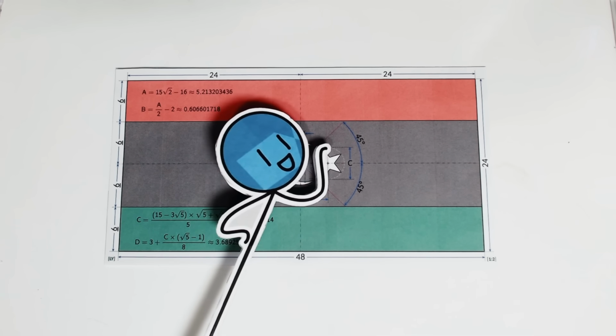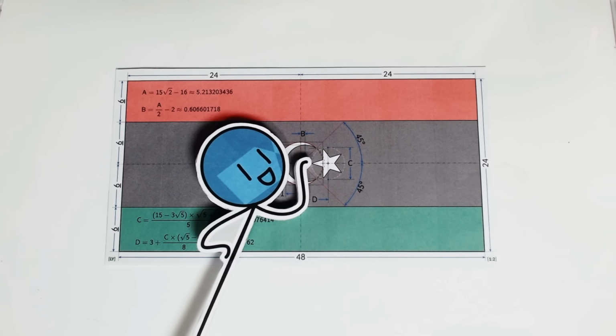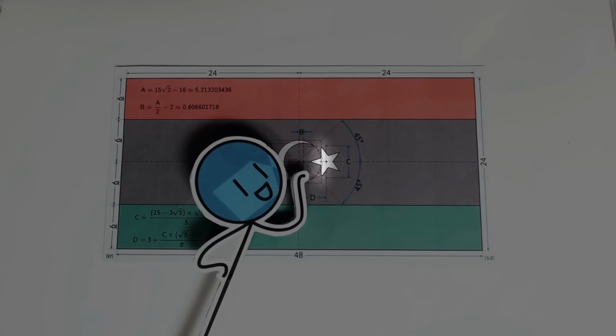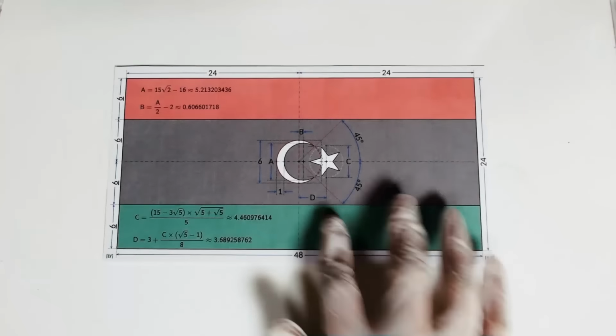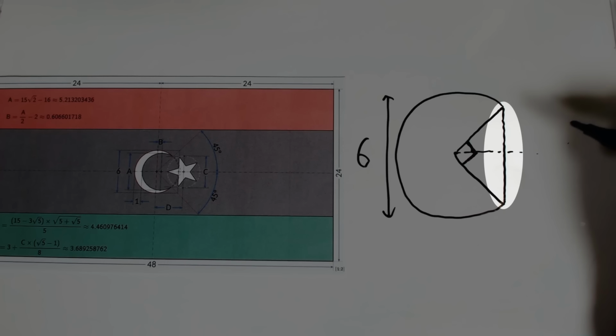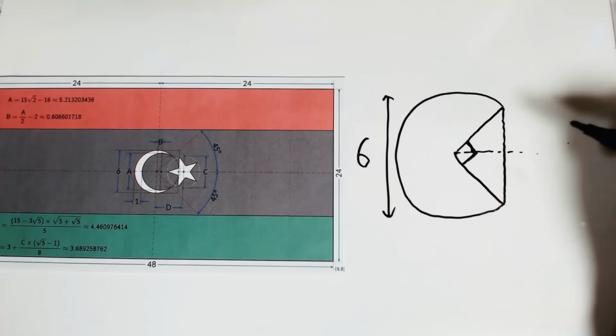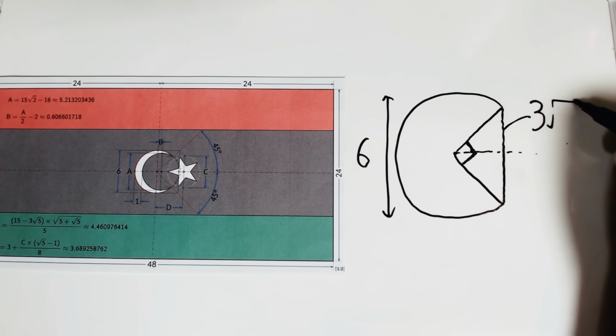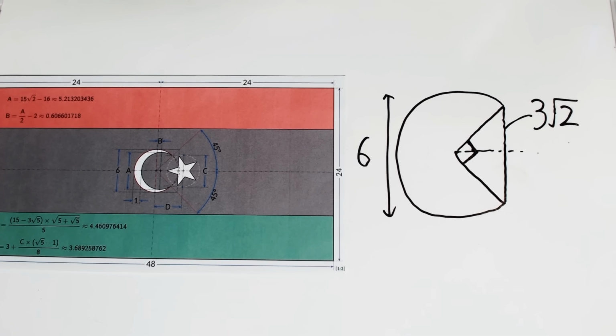This star is facing left. To make that in Google Slides, you can rotate the star by 90 degrees. And what's the width of the star? According to the construction sheet, it's equal to the distance between the ends of the crescent. Is that length constructible? Yes, this is a 45-degree angle, so this is root 2 times the radius of the big circle, 3 root 2.